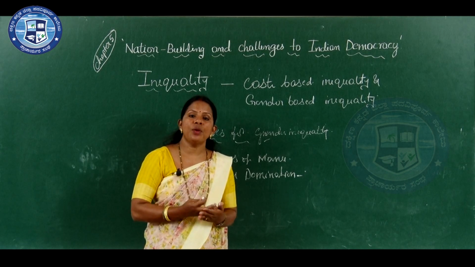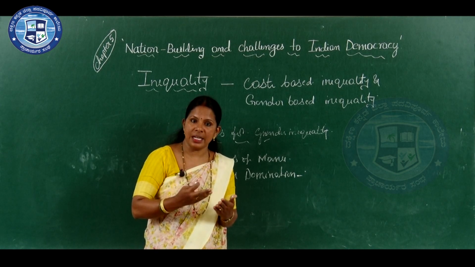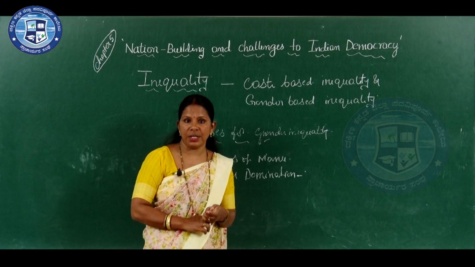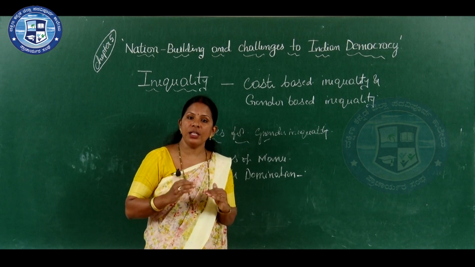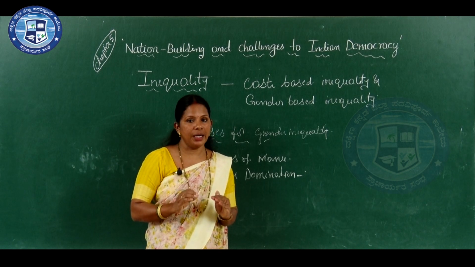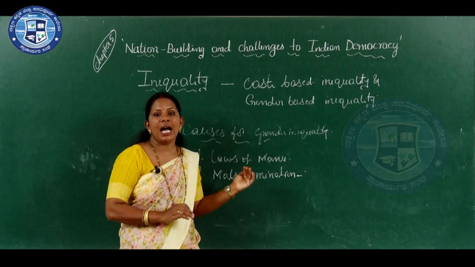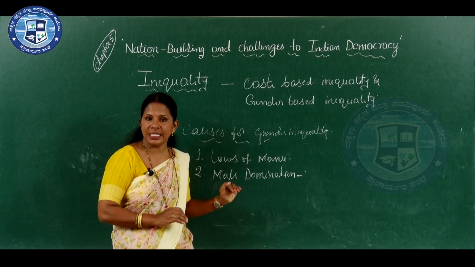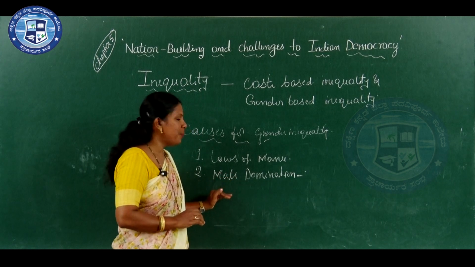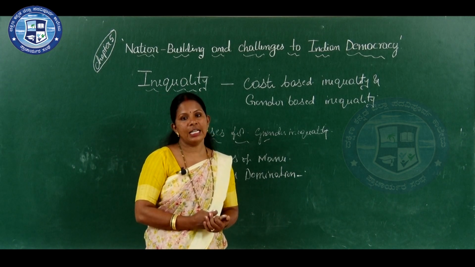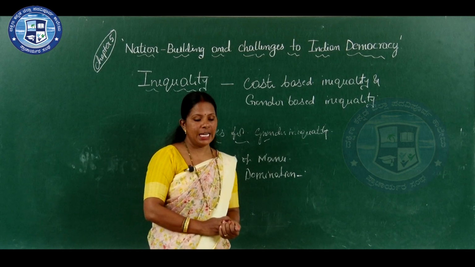The male member of the family is considered superior, and he is given all the authority and takes all the responsibilities. But women are not given any responsibilities and their social status is denied. So male domination is one more cause for gender discrimination in India.